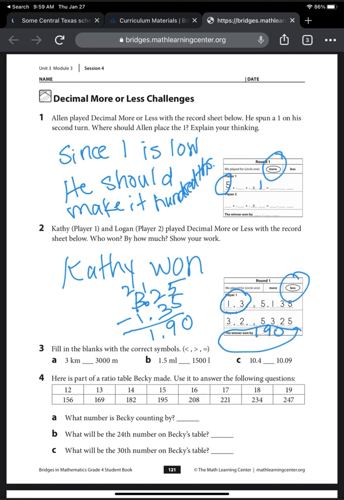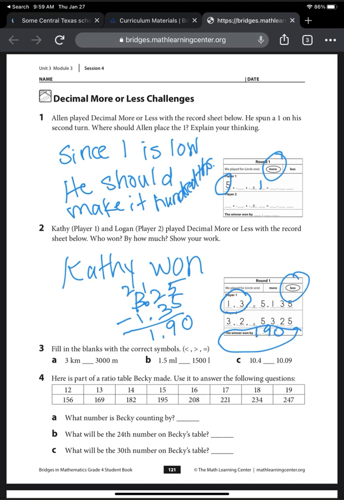Number 3, fill in the blanks with the correct symbols: less than, greater than, or equal to. For this, you're going to need to take out your STAR reference chart, and you're going to compare 3 kilometers to 3,000 meters, 1.5 milliliters to 1,500 liters, 10.4 to 10.09.